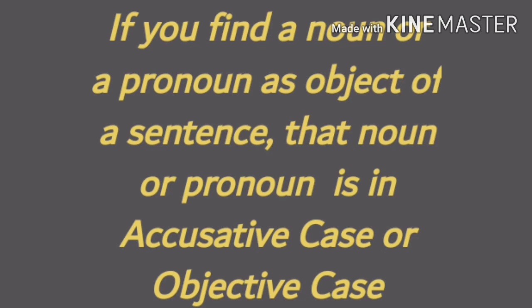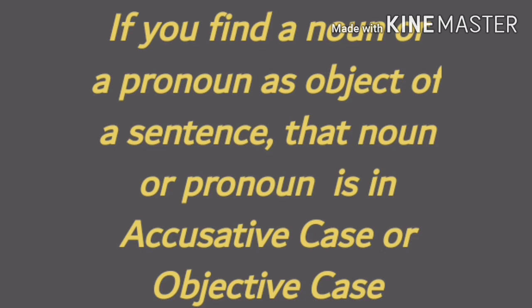Earlier we studied nominative case, that is, if the subject of a sentence is a noun or pronoun, it is in nominative or subjective case. Here, if the object of a sentence is a noun or pronoun, we call it accusative case or objective case.